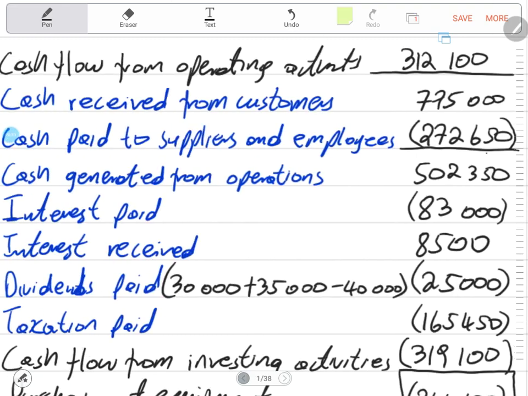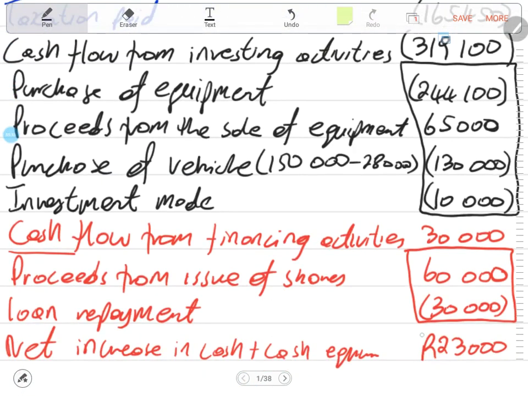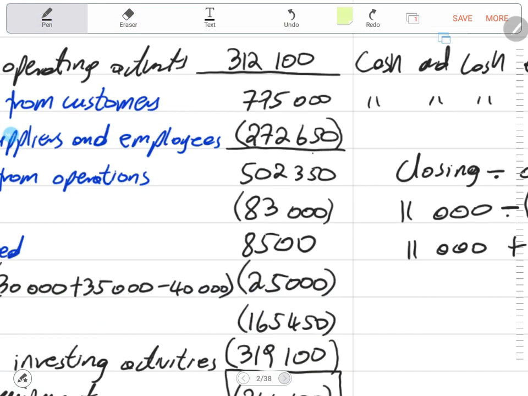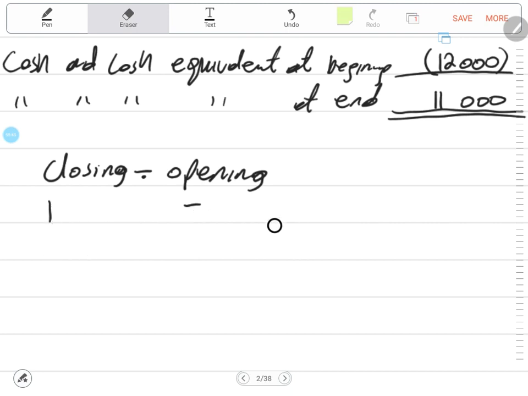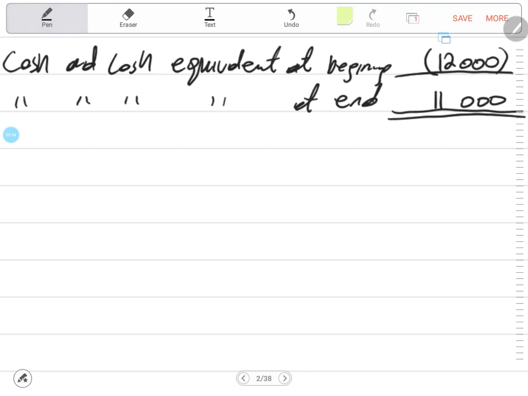And now if you look at the net increase, it is positive 23,000 rands. So these two must always balance. That is why in this case we get the same 23,000 rands positive as our net cash increase.